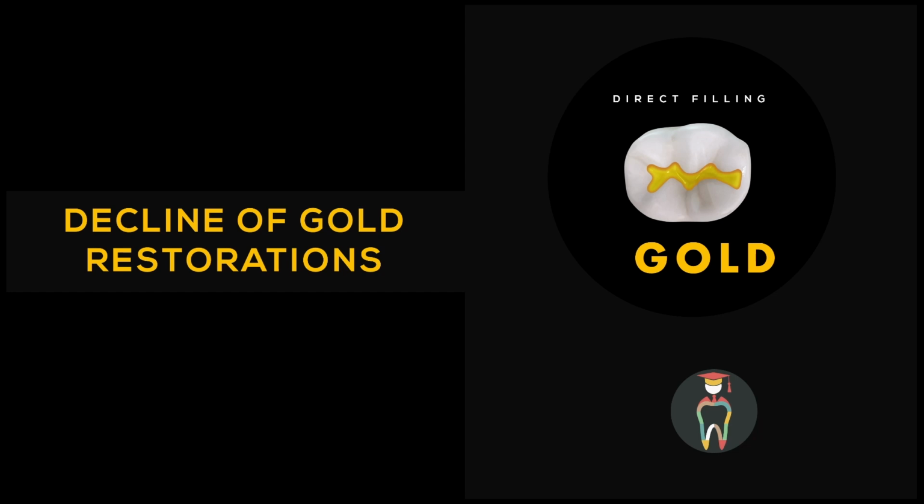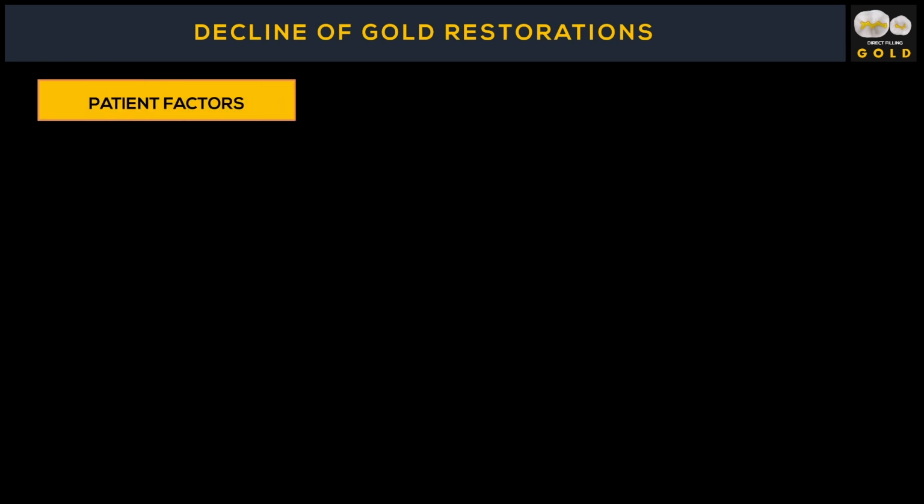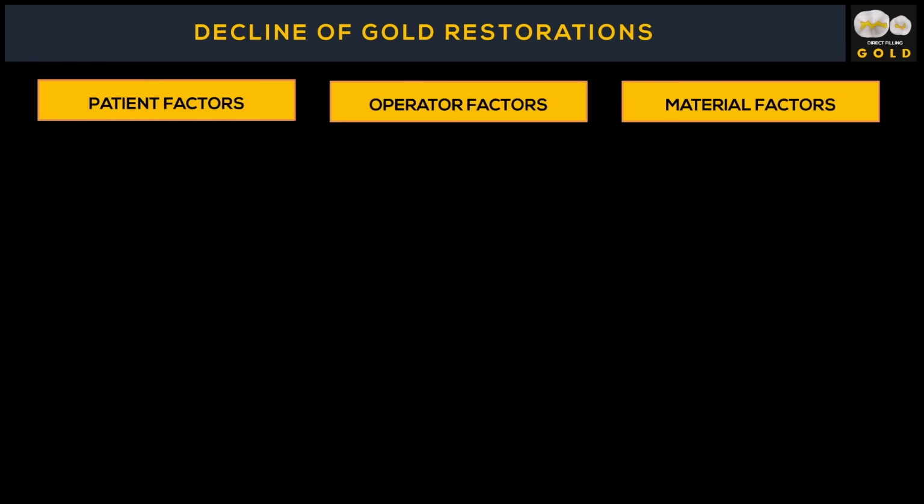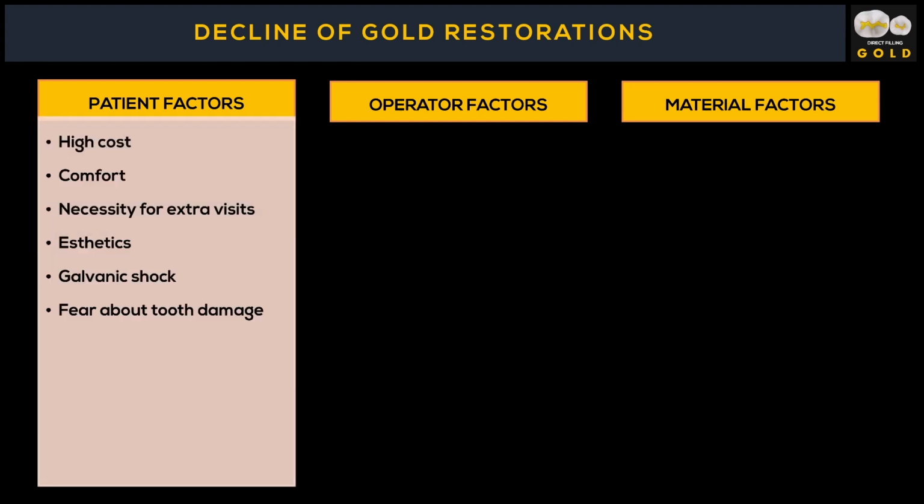This can be broadly put towards three important factors. They are the patient factors, the operator factors, and the material factors. The patient factors include the high cost of the direct filling gold material, and then it is not a very comfortable restorative material to be experienced by the patient. It requires an extensive cavity preparation, a long chairside time, a long appointment duration.